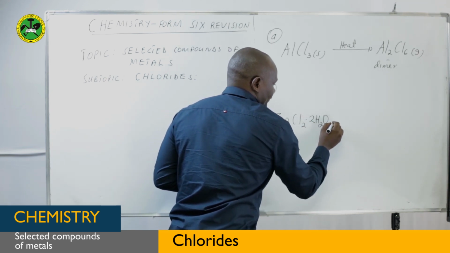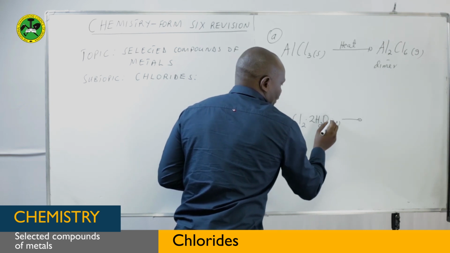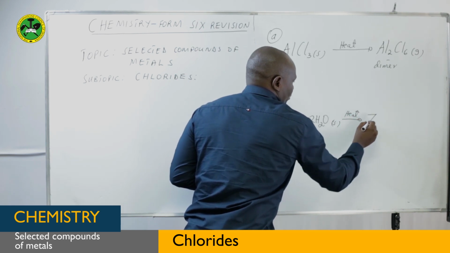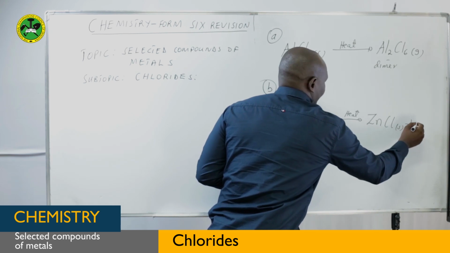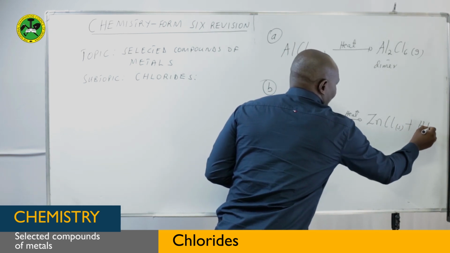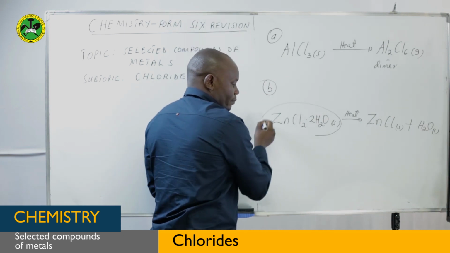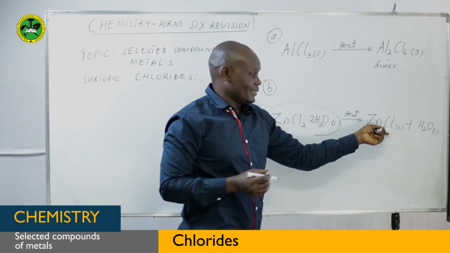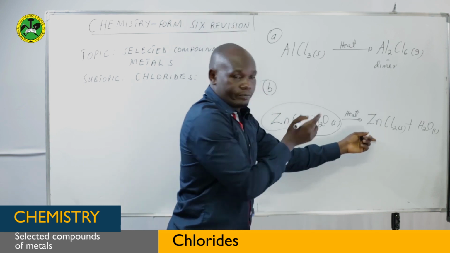So when heated, this solid results in the release of zinc chloride, which is solid. Then the other product there is water vapor. You can balance. So this is the hydrated form of zinc chloride. By heating, you have obtained anhydrous zinc chloride. Here is 2. Anhydrous zinc chloride, you can balance it.